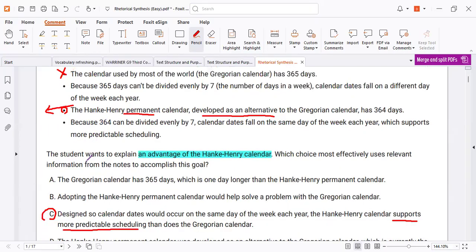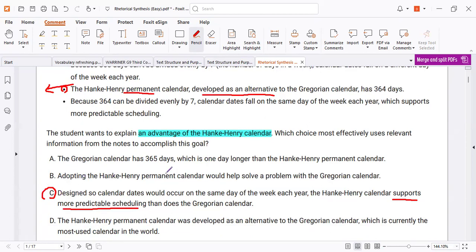In the note, he didn't mention that as the advantage. Catch it? That's why, my dear. And he said here, Gregorian calendar, 35 days, which is one longer day. No, he said it developed as an alternative. So that means the letter C is correct. Feel it, my dear?